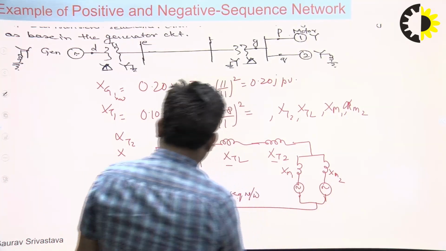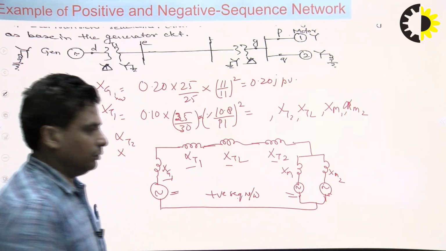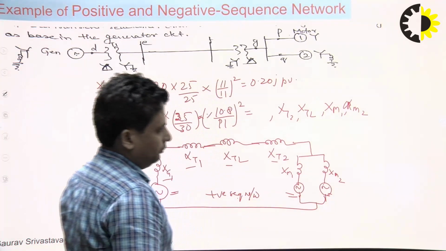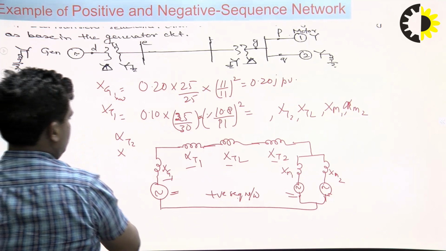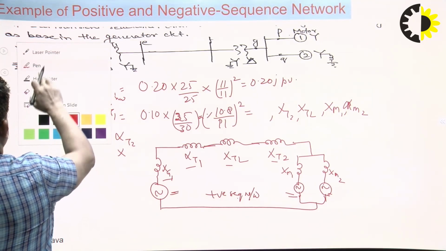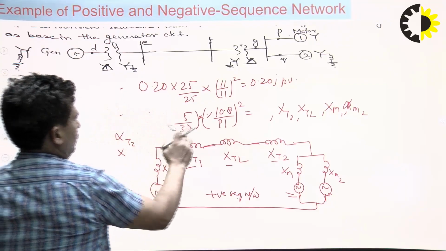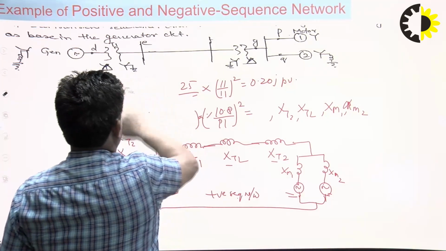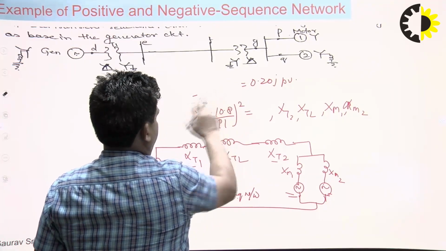In the positive sequence the voltage source is available, and what will the negative be? In the case of negative we just remove the voltage source, and draw the negative diagram as well.